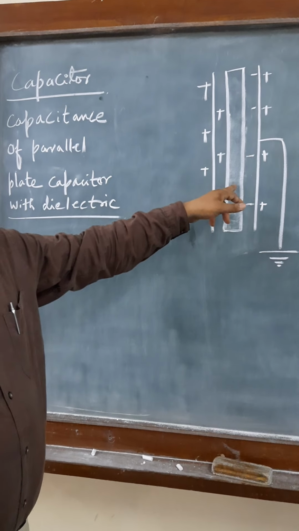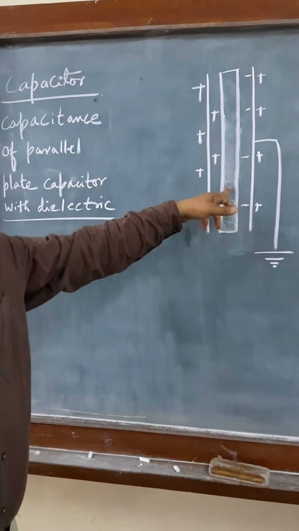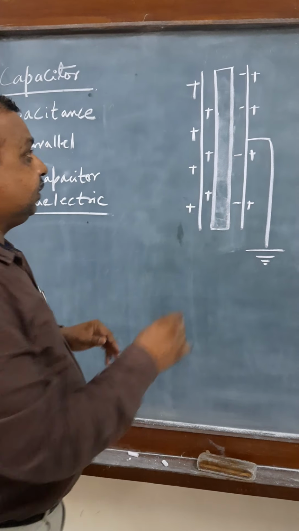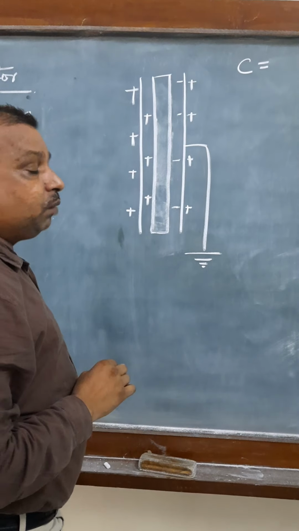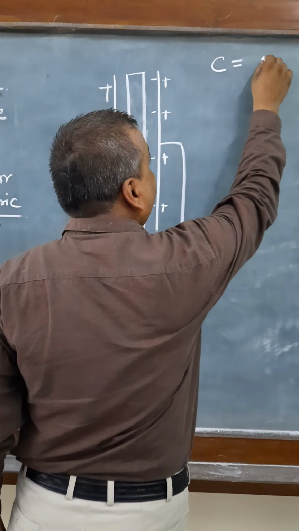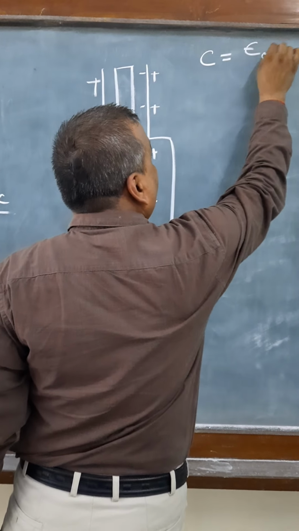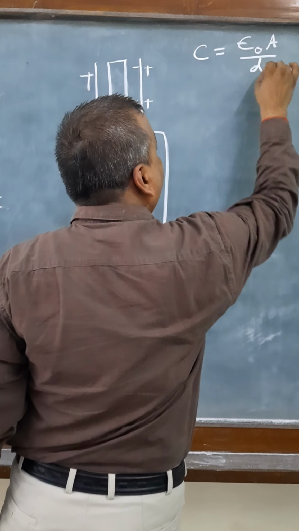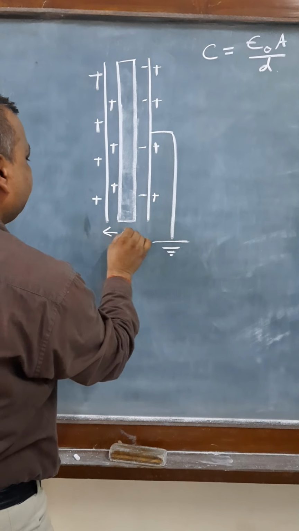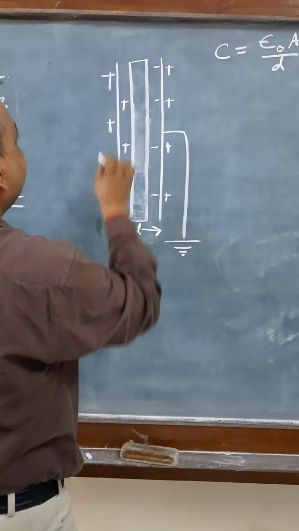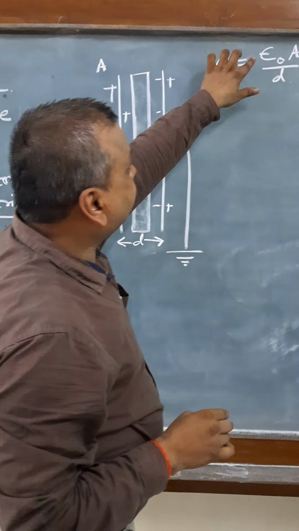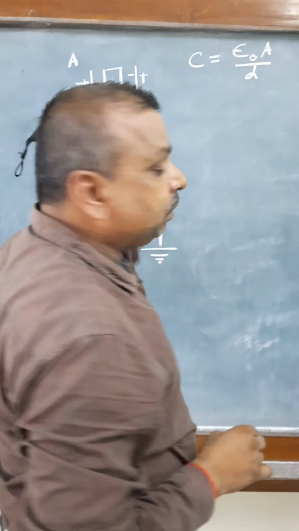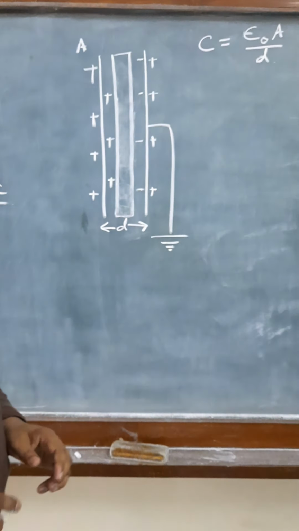Had there not been the dielectric, the capacitance of the parallel plate capacitor comes out to be epsilon naught A upon d, where d is the separation between the two plates, A is the area of the plate, and epsilon naught is the permittivity of free space.